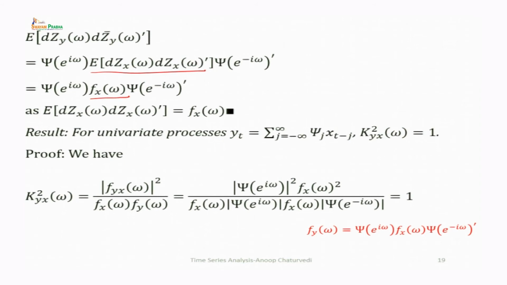And you can easily prove this result. k square y x omega is equal to mod f y x omega square upon f x omega f y omega, and then the numerator is equal to mod psi e to power I omega square f x omega square, divided by f x omega into f y omega, where you write f y omega equal to psi e to power I omega mod f x omega psi e to power minus I omega.